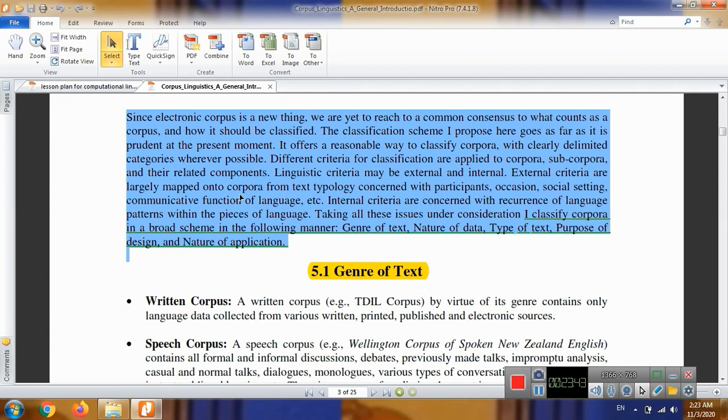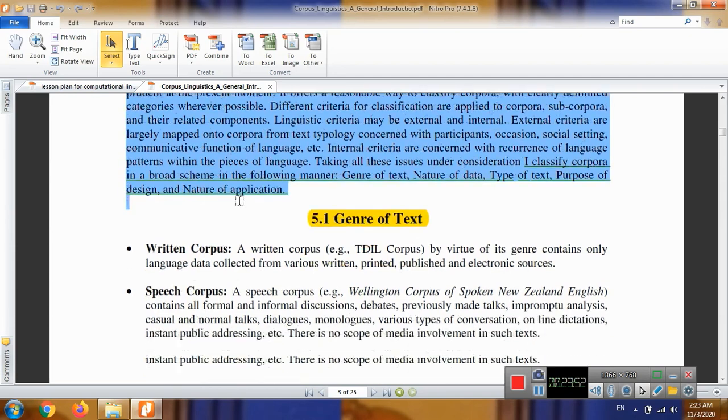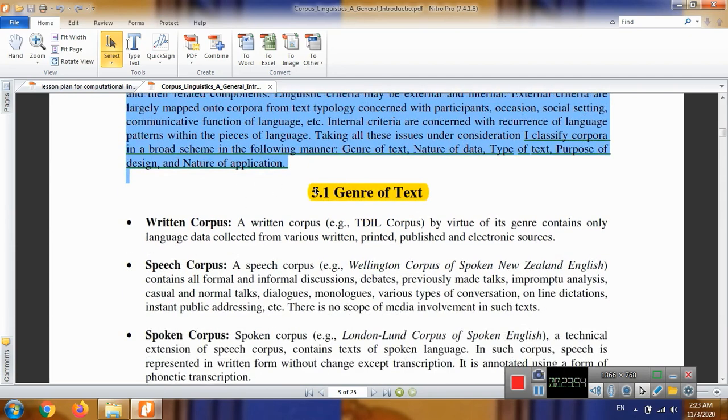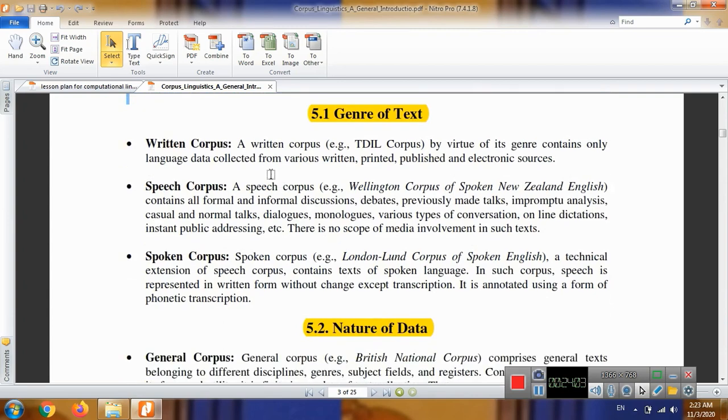And we have genre-based text, nature of data, type of text, purpose of design, and nature of application. Here we have this classification of corpora. Genre of text.